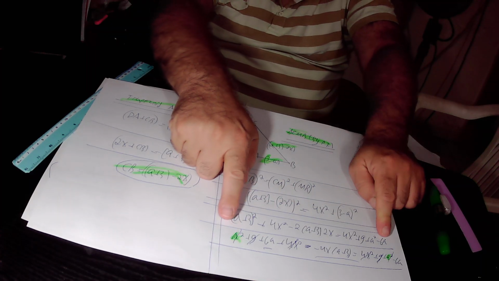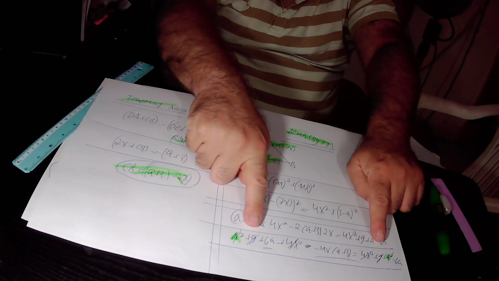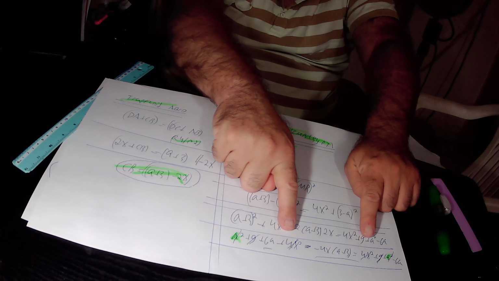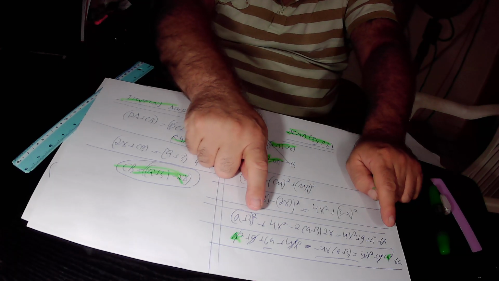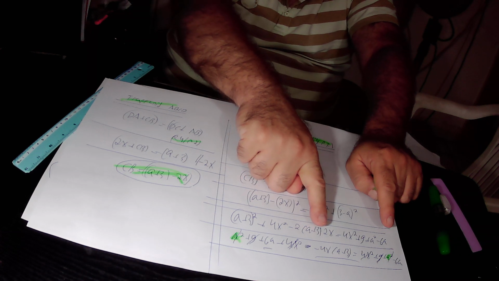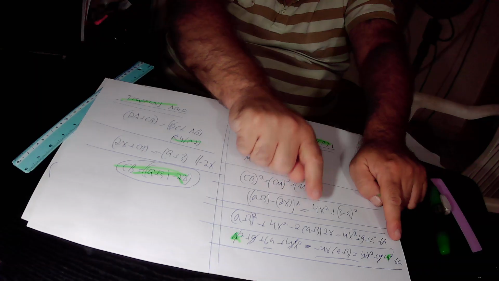We have A squared on both sides of this equation, so A squared will cancel. We have 9 on both sides, so 9 also will cancel. And we have 4x squared on both sides, so 4x squared also will cancel. After we cancel those expressions, on this side of the equation we are left with only 6A minus 4x times (A plus 3), and on the other side we are left with only minus 6A.